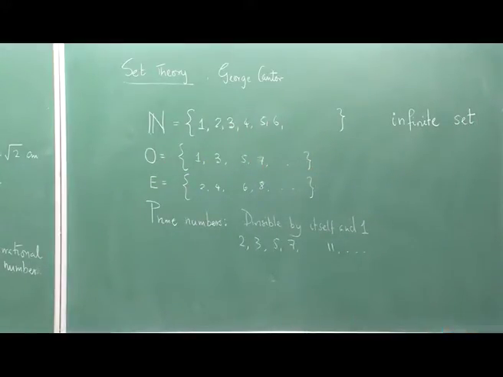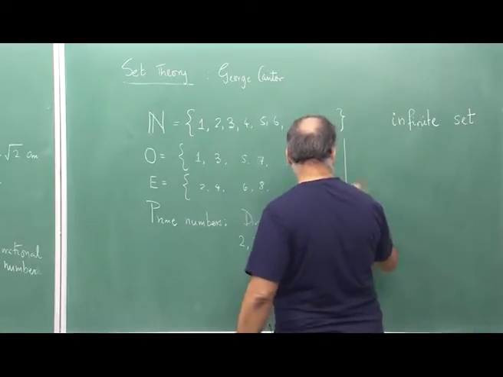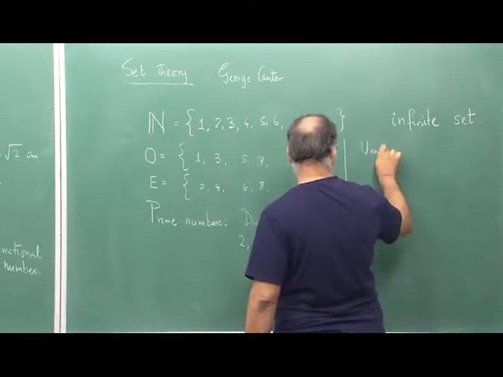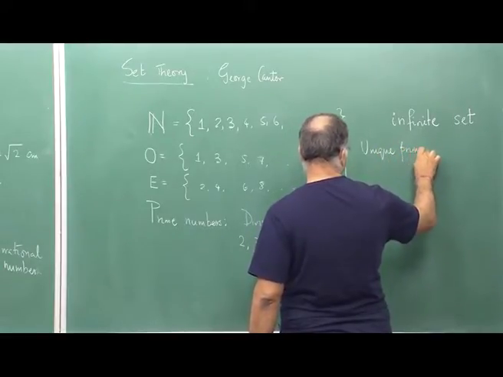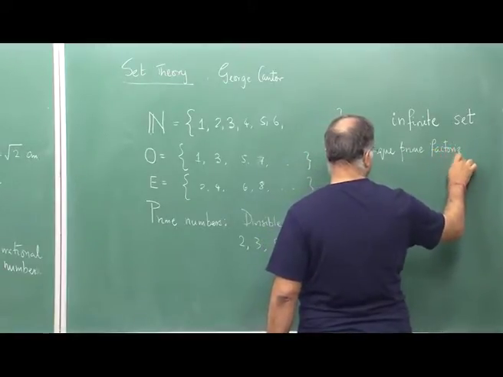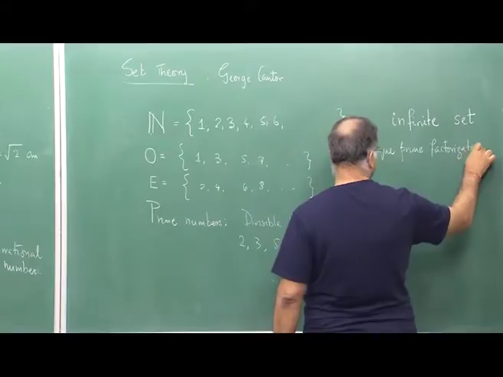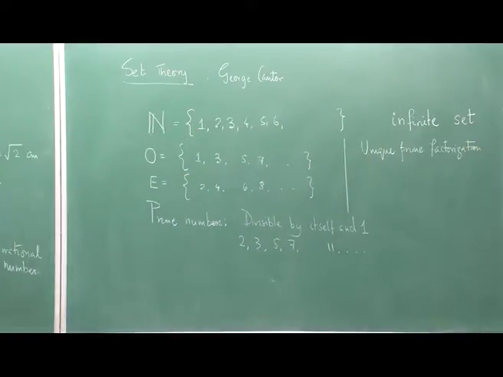An important fact about natural numbers is something called unique prime factorization, which I am writing on this side. It is a very important fact. So, what does it tell me?